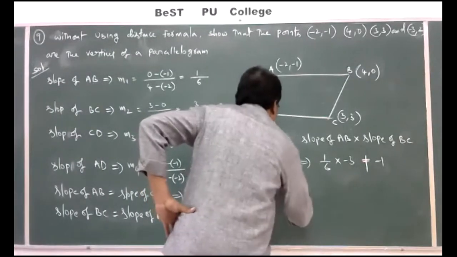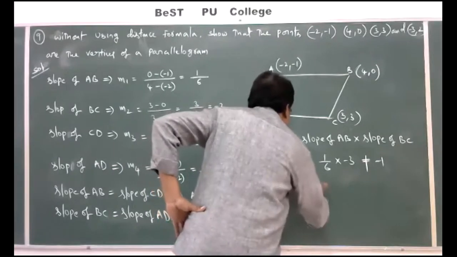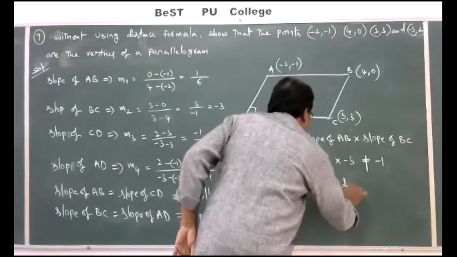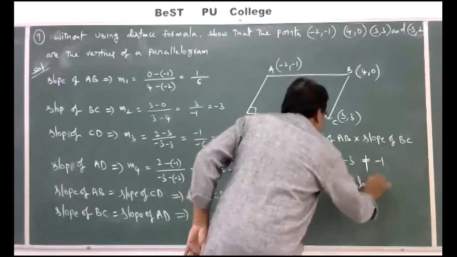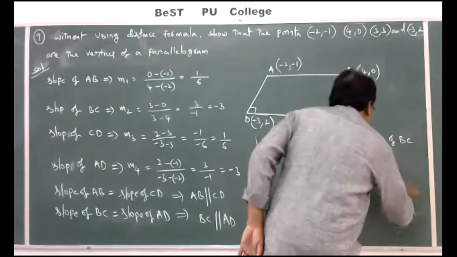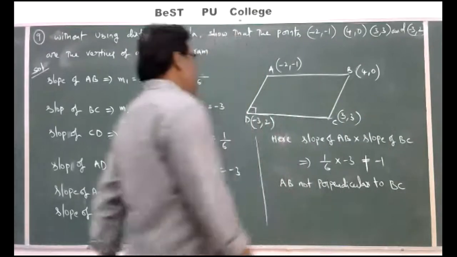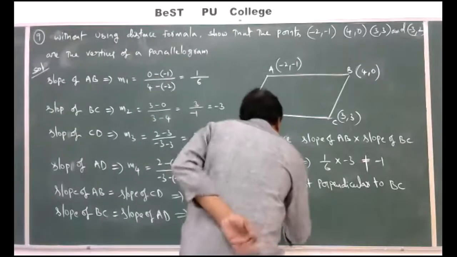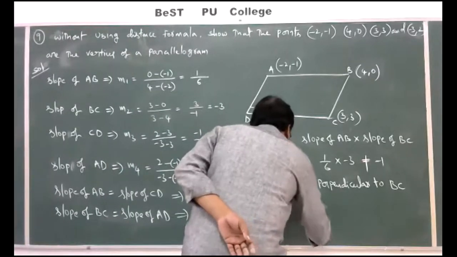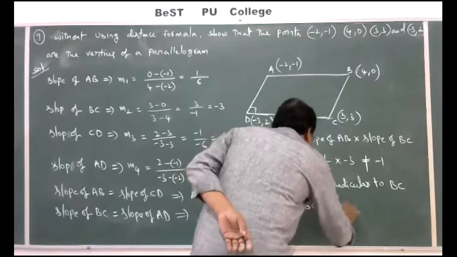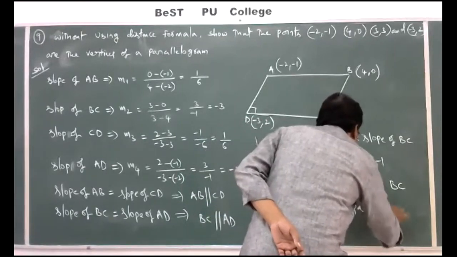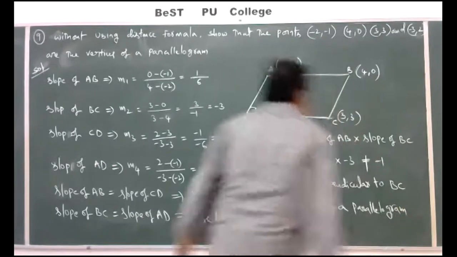Therefore, AB is not perpendicular to BC. Therefore, ABCD is a parallelogram.